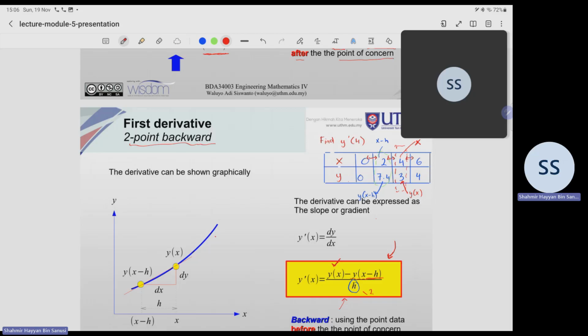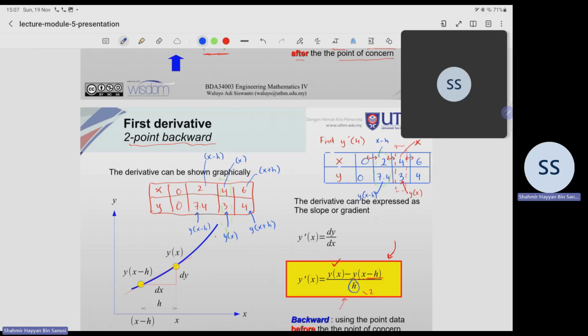If you are confused, let's look at this table. We've got x and y: 0, 0; 2, 7.4; 4, 3; 6, 4. This is our y(x), this will become y(x minus h), and this is the value of y(x plus h), whereby this is our x, this is our x plus h, and this is our x minus h.